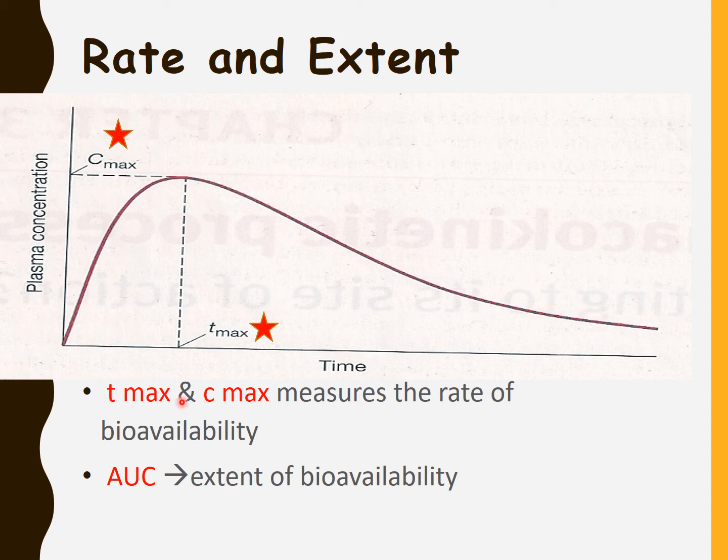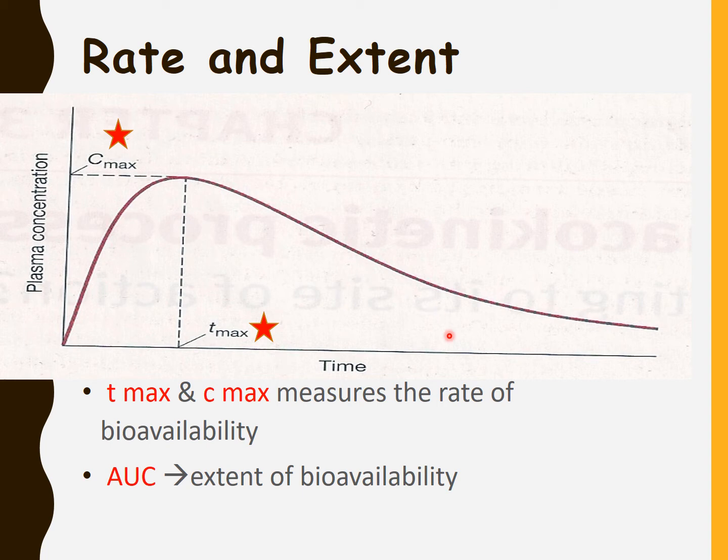So Tmax and Cmax measure the rate of availability. Tmax is the time where the concentration is highest, so Cmax and Tmax are related. They measure the rate of availability, and the total area under this curve defines the extent of bioavailability.